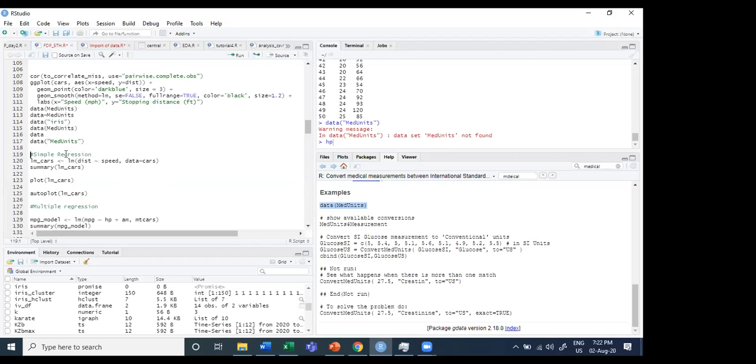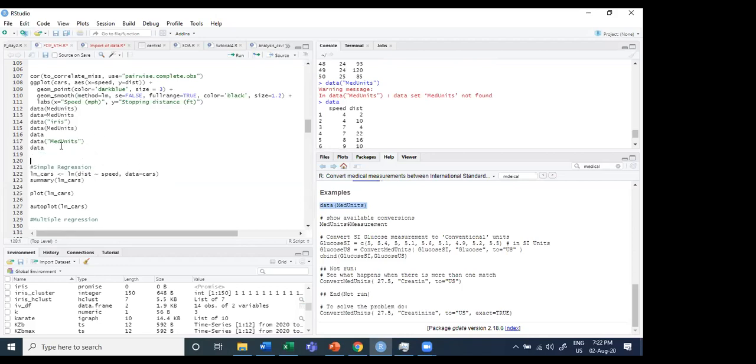I'm not sure the data is visible or not. Let me call this data. Sometimes it happens. So no data has been called of this nature. So currently medical data is not in our hand. Not to worry too much. We can get our data otherwise also.